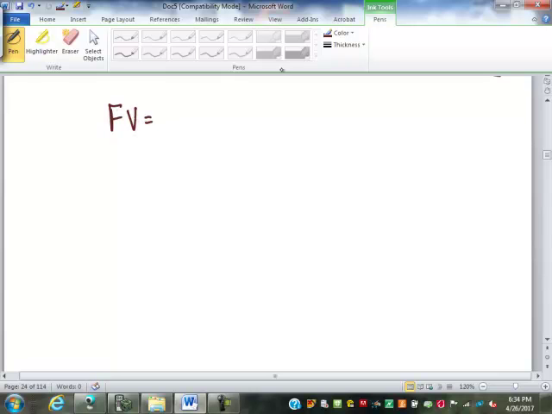Future value is equal to that payment amount times, I don't remember the page. It's at the bottom of the page in a footnote.